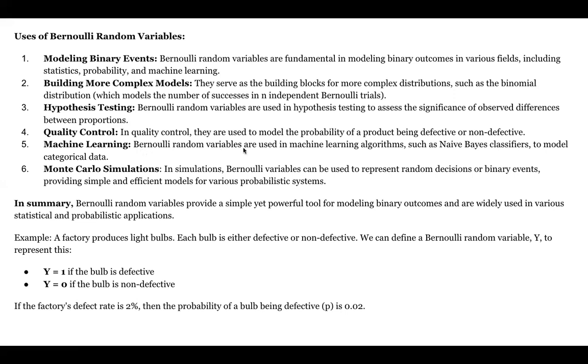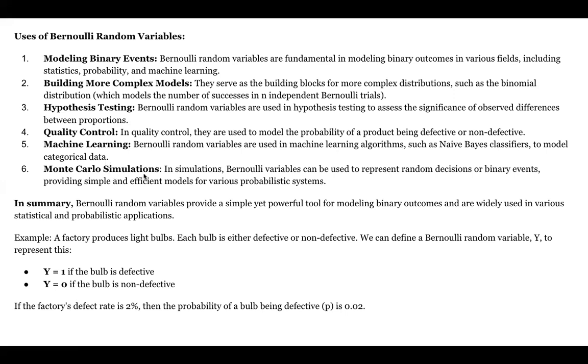In machine learning, it's used in algorithms such as naive Bayes classifiers. So you're classifying whether it belongs to this category or it does not belong to this category, to model categorical data.